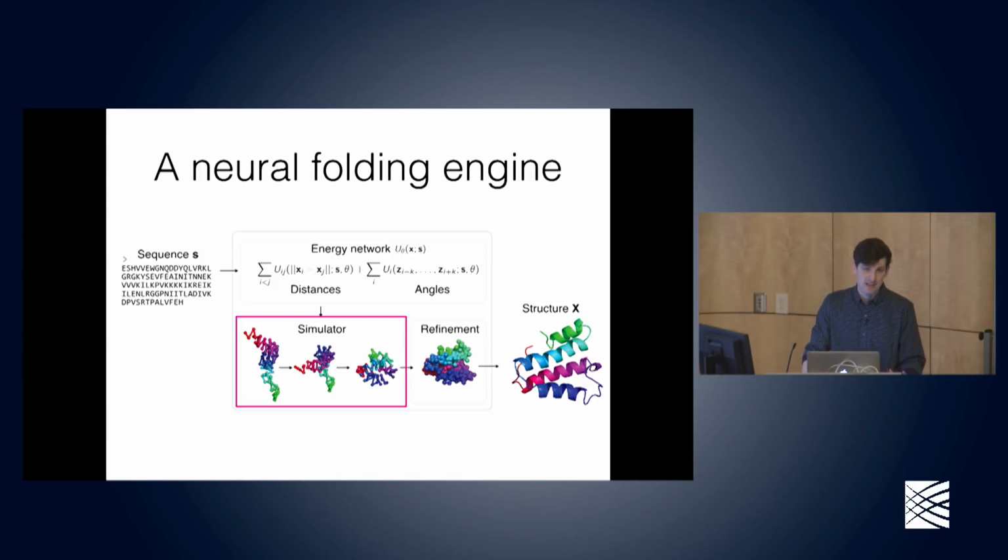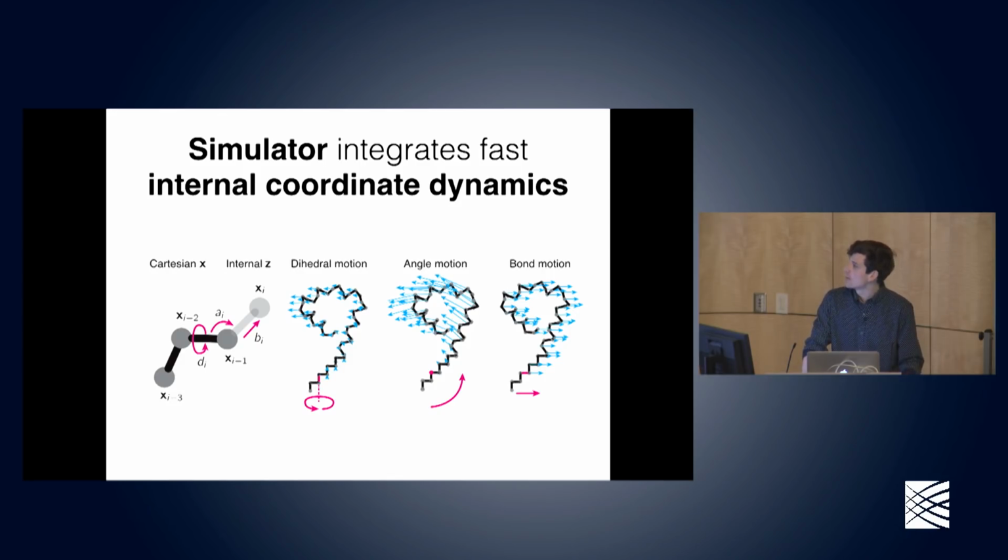Basically, you need to maximize the utility of the simulator budget that you have. And we find that the way to do that is that, when we do the optimization, the motions and steps that we take in structure space are not going to be Cartesian, they're going to be angle motions. You could write the equations of motion in Cartesian space, but then essentially all the beads are wiggling around independently of each other.